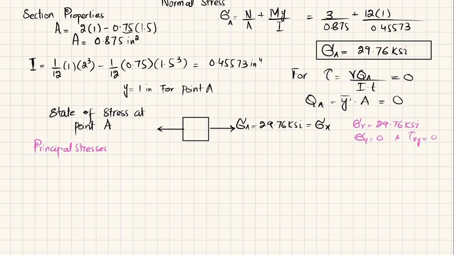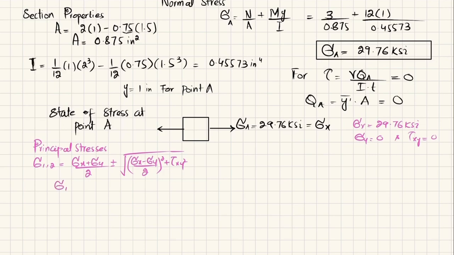So the principal stress is sigma 1, 2 equal to sigma X plus sigma Y divided by 2, plus minus square root of sigma X minus sigma Y divided by 2 whole square plus tau of XY whole square.